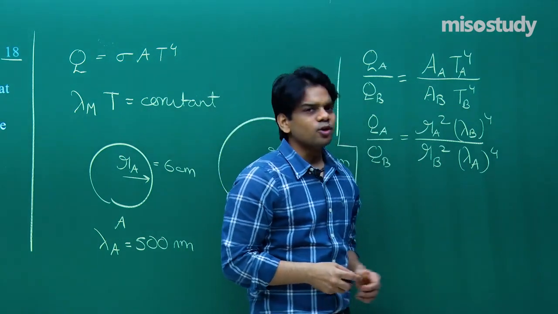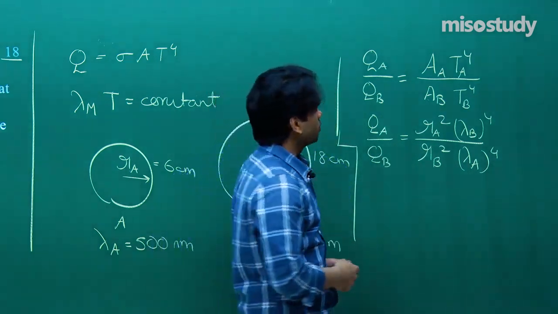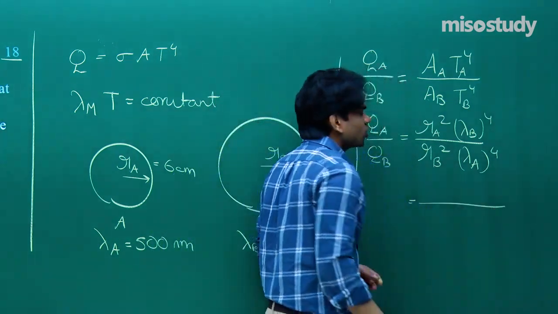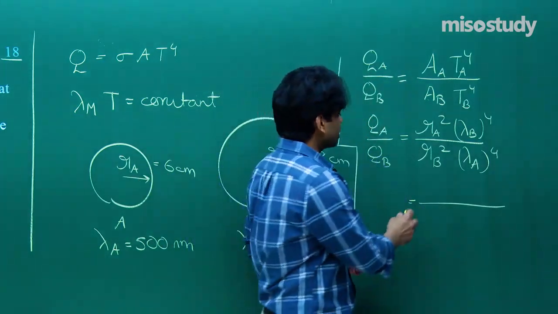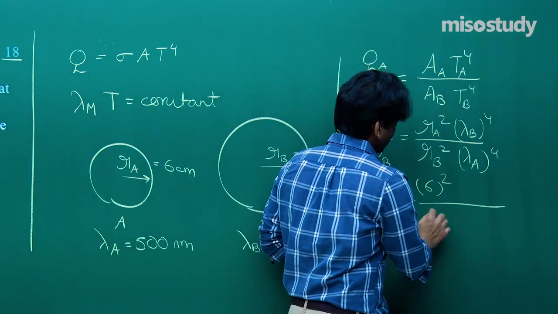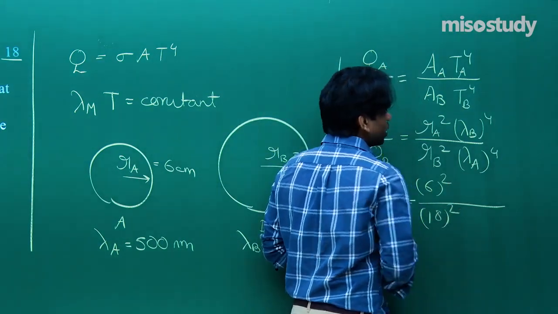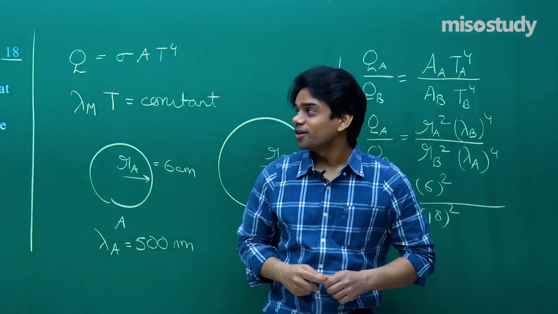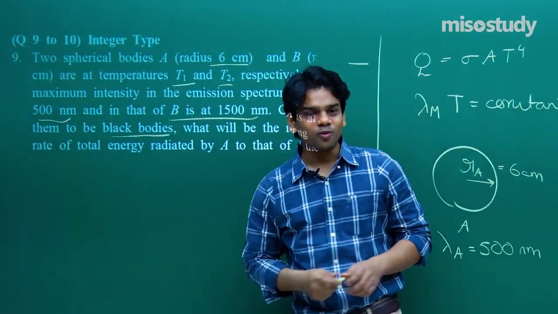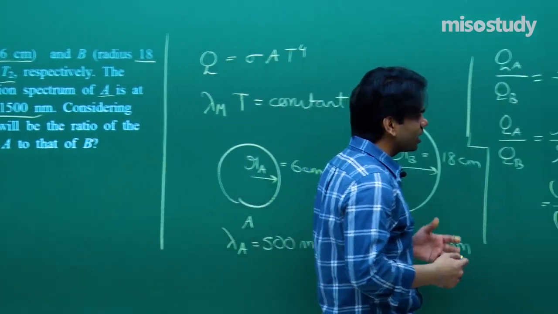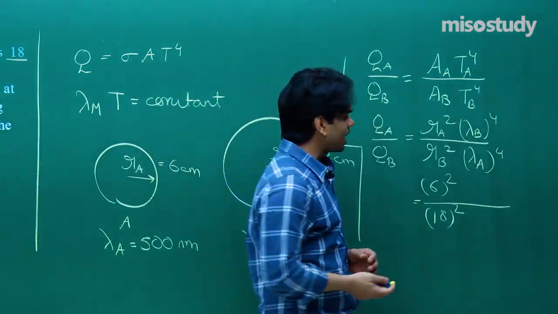Now clearly all the values are provided, we just need to supply the values to get the answer. Radius of A is given as 6, radius of B is given as 18. So 6 square by 18 whole square multiplied by lambda B, which I have noted down as 1500 nanometer, over lambda A. Now 1500 and 500, the 2 zeros will be cancelled out.